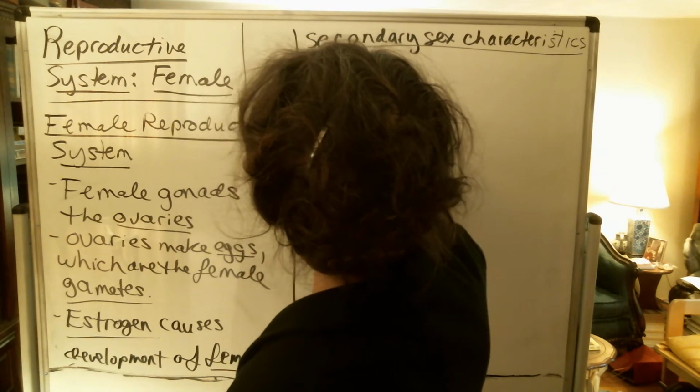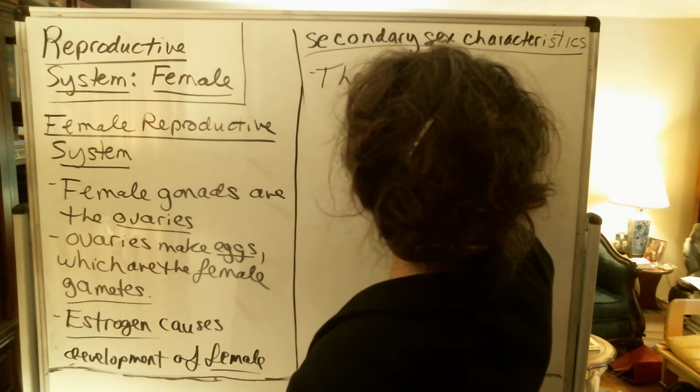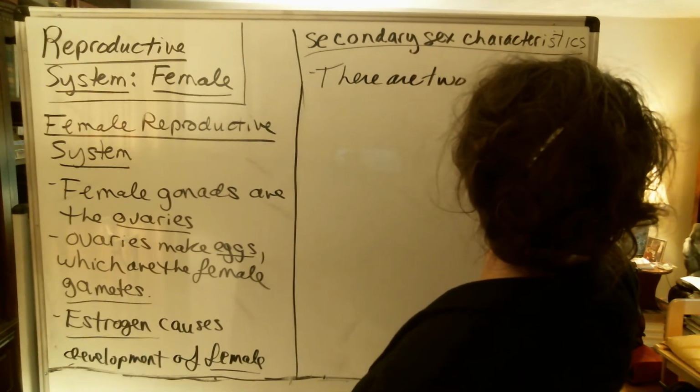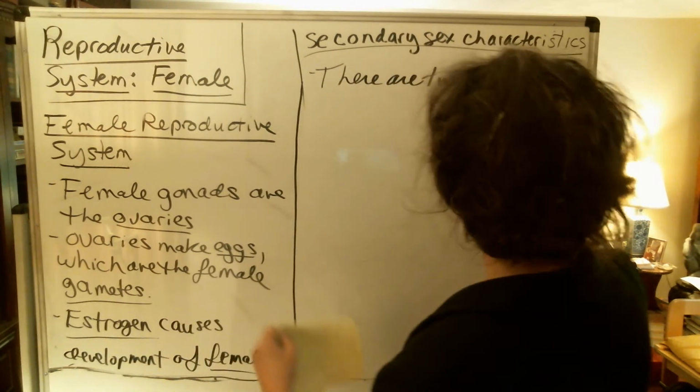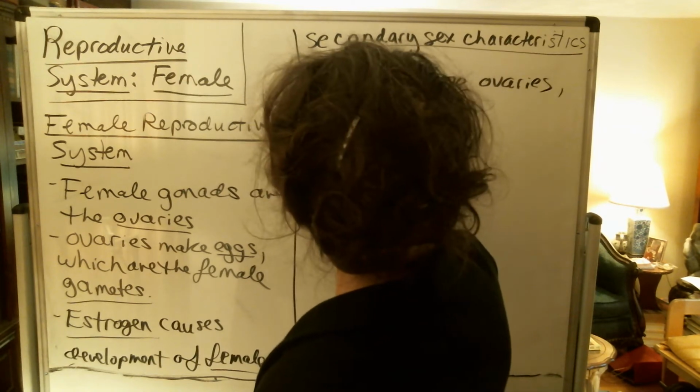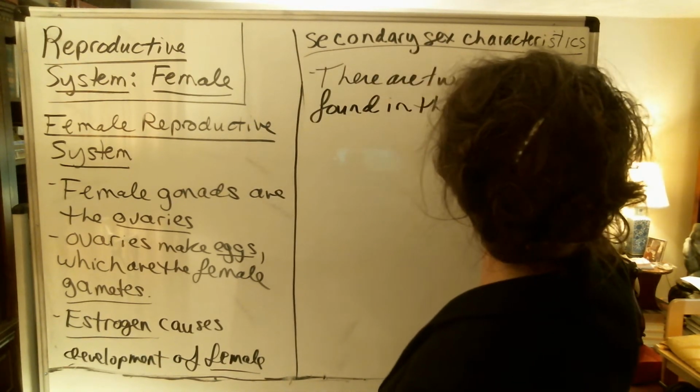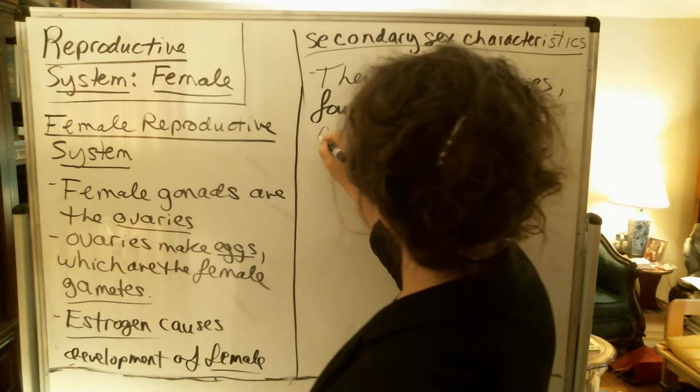So there are two ovaries found in the lower abdomen.